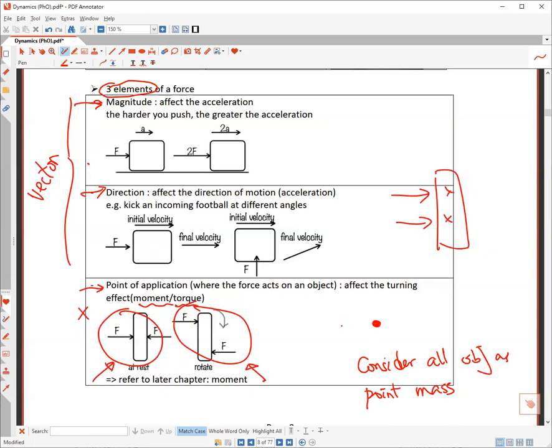If you consider the object as a point mass, then a point does not rotate. Even if it rotates, you can't see a significant difference. So we can just ignore the rotational motion of the point, and focus on the translational motion of the point.